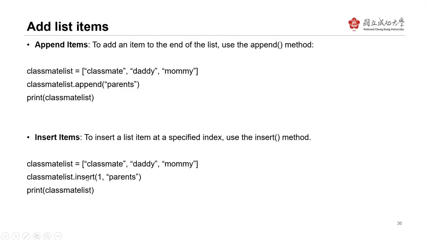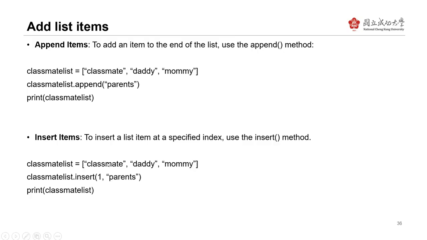Another one is insert. With insert, we put an item in a specific position. For example, if here is 1, we will put the parent at index 1. What is index 1? We need to notice one thing. In the computer science world, everything starts from 0, right?